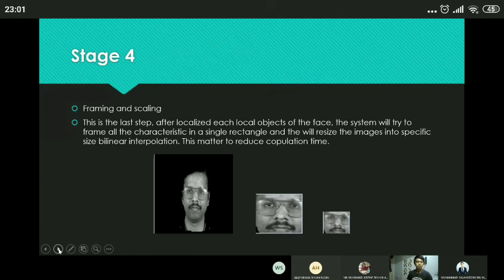After localizing each local face object, the system will try to frame all the features in a single rectangle and resize the image to a specific size by bilinear interpolation. This method is to reduce computation time. That's all from me.